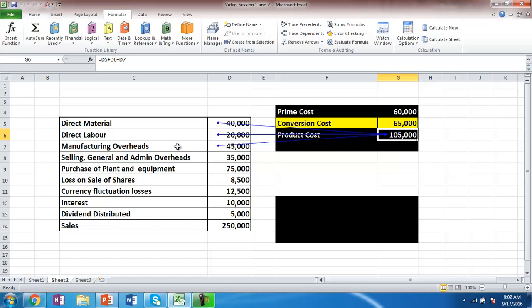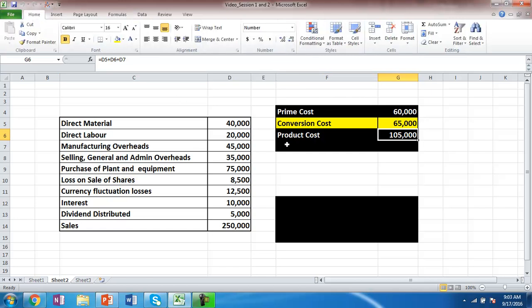So normally the cost at which the product is shown for various purposes, for pricing, maybe for some managerial decision, will show it as direct material, direct labor, and manufacturing overhead. We can see that we are not including SGA, selling, general and admin overheads, in the product cost.